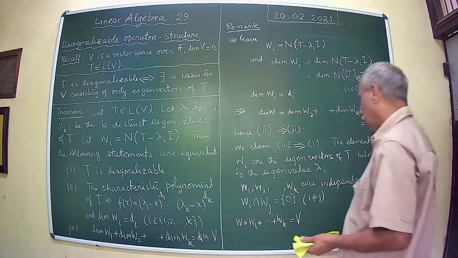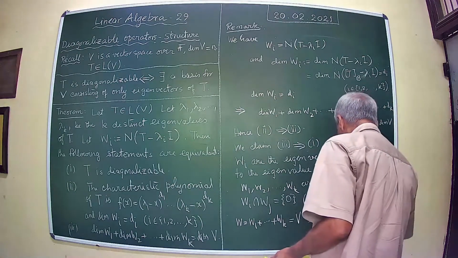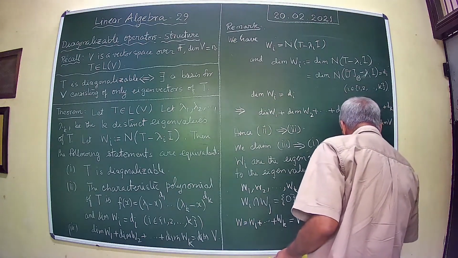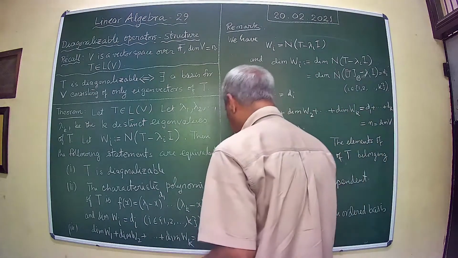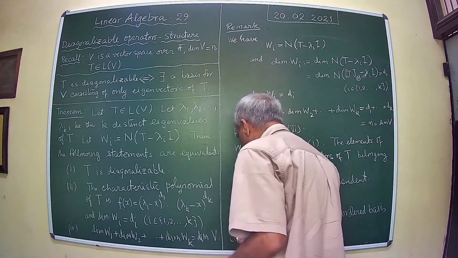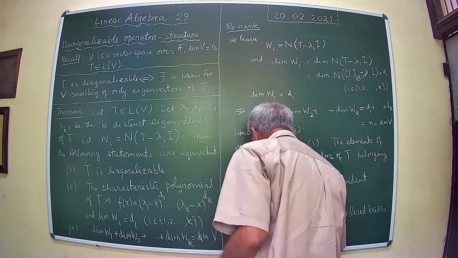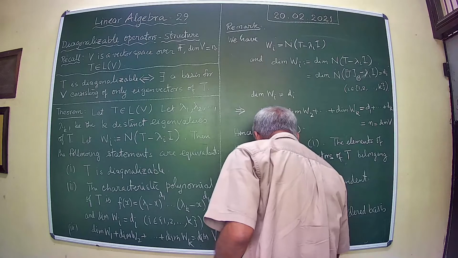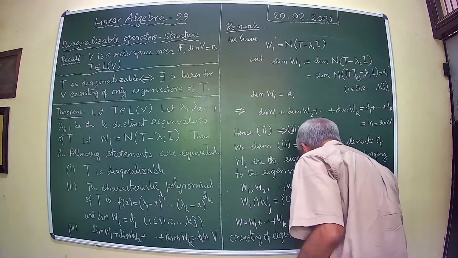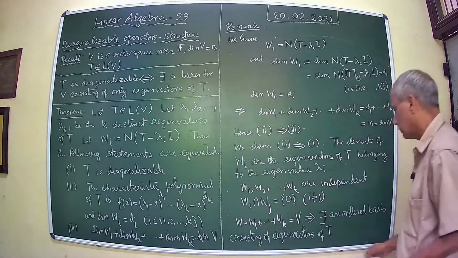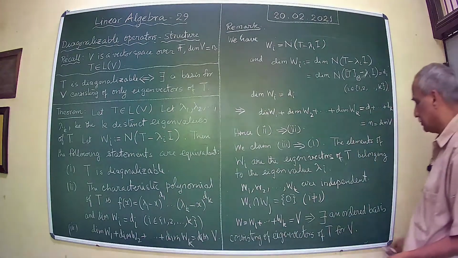Therefore, we have a basis consisting of eigenvectors of T for V. What does this mean?